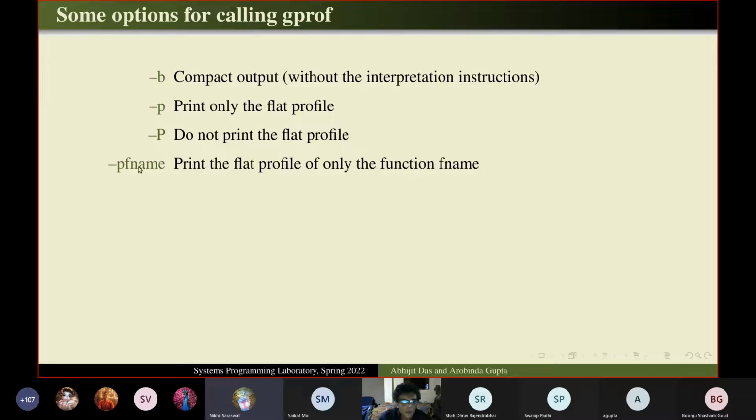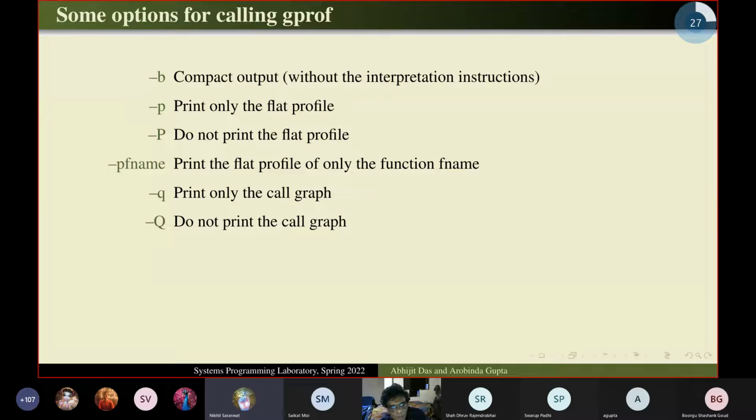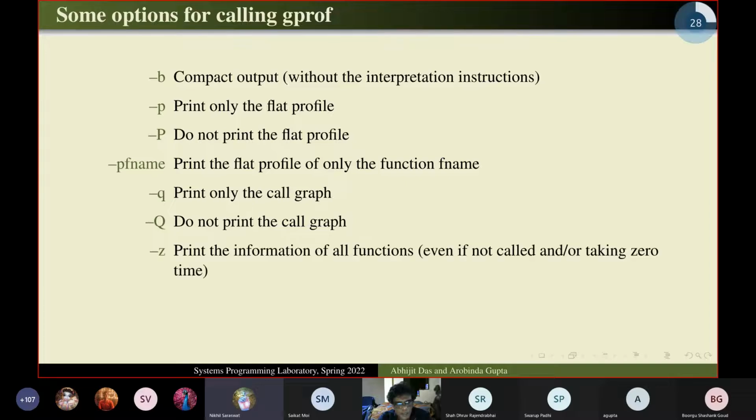So -p followed by my function, whatever name it is. And likewise, we have the two options for the call graph. -q, print only the call graph. -Q, do not print the call graph. Anyway, you have these options.